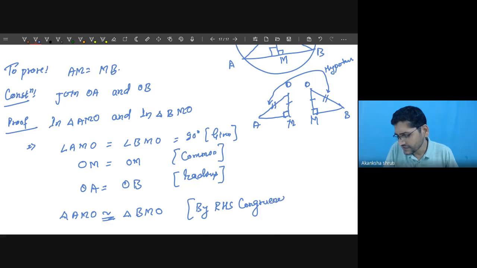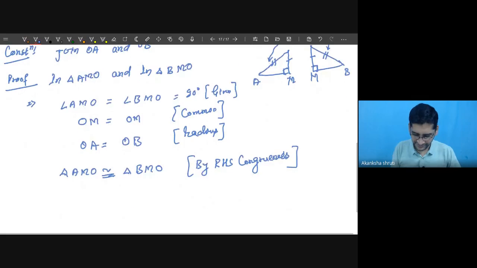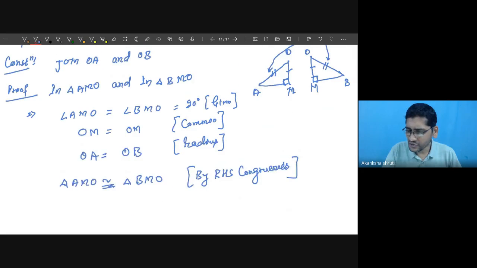Please go through the previous videos if you are missing this. It is exactly the same as our SAS, but written in a different way exclusively for right triangles. While these two triangles are congruent, we can write the remaining part which is not given as equal: AM will become equal to BM by CPCT.